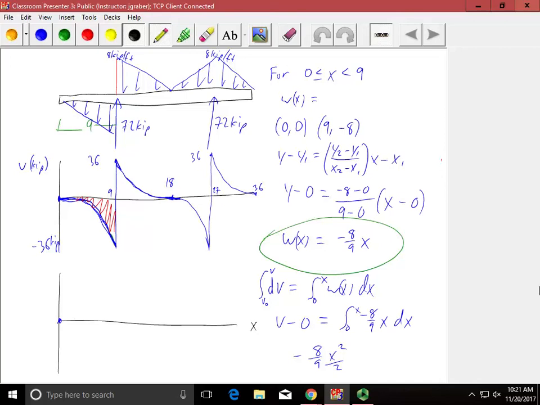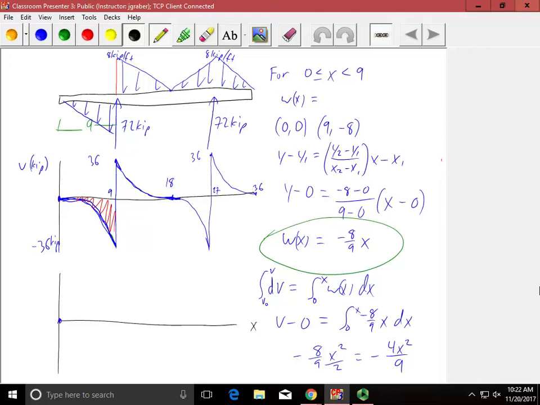Is that 1/4? Equals -4/9 x squared. That is the equation of this right here. If we plug in 9, what do we get? -36. So we're good, right?